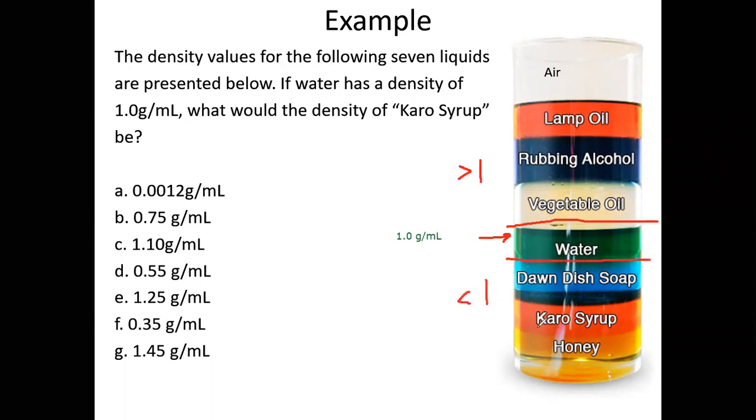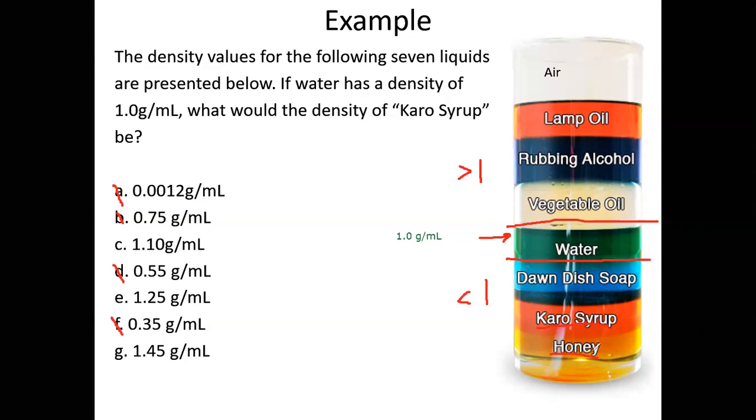So we're looking for the syrup. If we're looking for the syrup, anything less than 1 would not be an answer. So we can go ahead and get rid of A, B, D, and F, because all of those values are less than 1. If it's less than 1, it wouldn't be the syrup, because to be the syrup, it has to be greater than 1. So now we have 3 choices remaining. The most dense substance is honey, so honey would have the highest density.